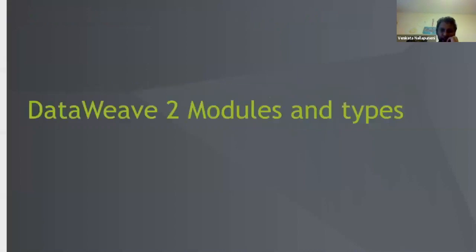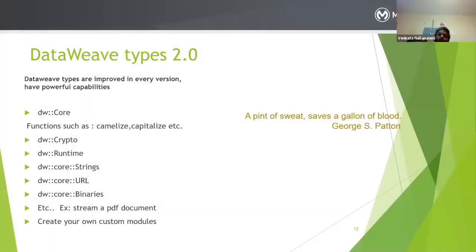So just moving on to the modules, Dataweave 2 modules and the types. Just an illustration of what I've given you so far, but quite a lot was added to it. The core modules, like we can even camelize, capitalize, and quite a lot of things we can do with Dataweave. Like I say, we can do wonders with Dataweave expressions.